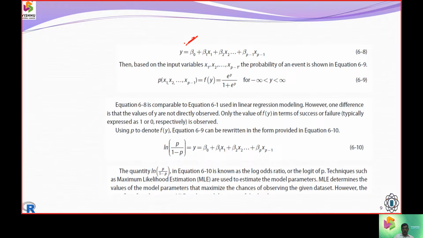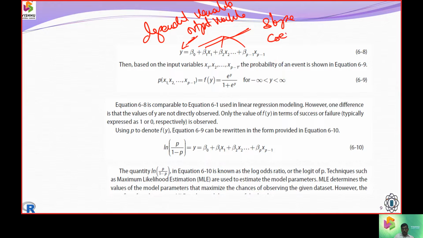We call it an output variable, or dependent variable. And beta 0, beta 1, beta 2, up to beta p, these elements we call the slope values, or coefficients.